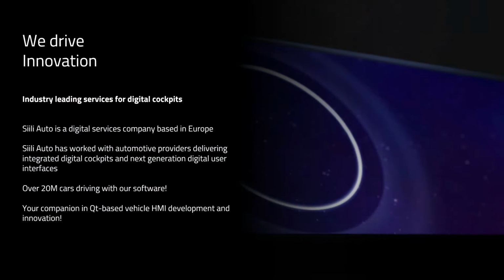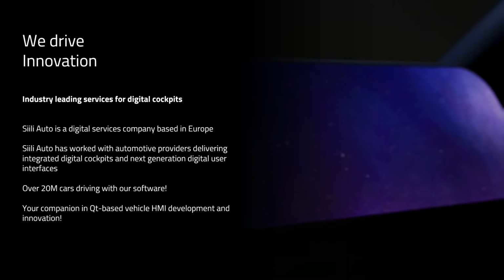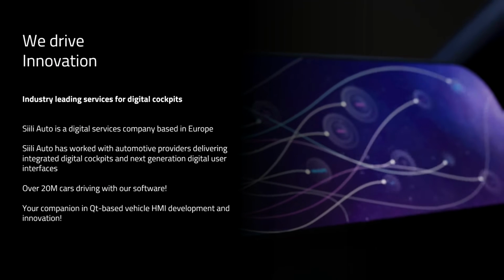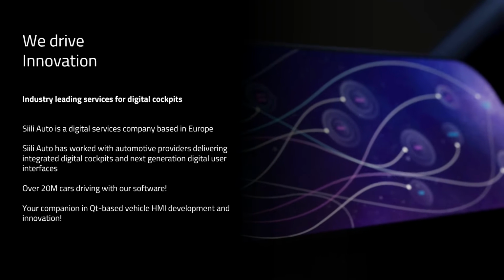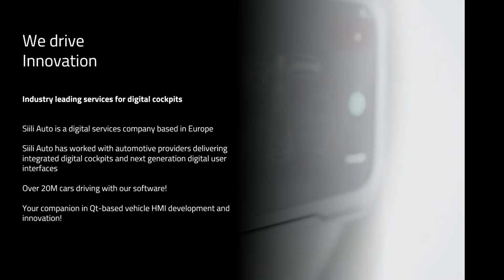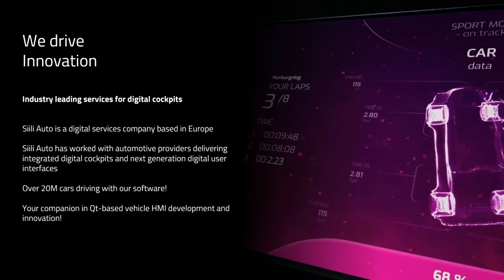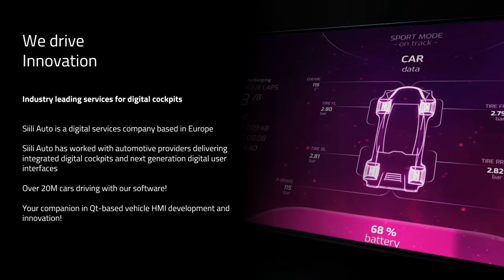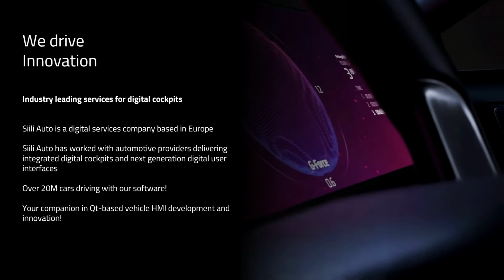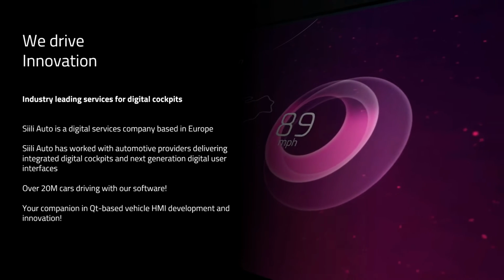We all represent Auto, a digital services company with offices in Finland, Poland, Germany, and the US. Auto has worked with OEMs, Tier 1 integrators, and digital services providers since 2013, providing digital user interfaces, web applications, and stuff connected with automotive HMIs.